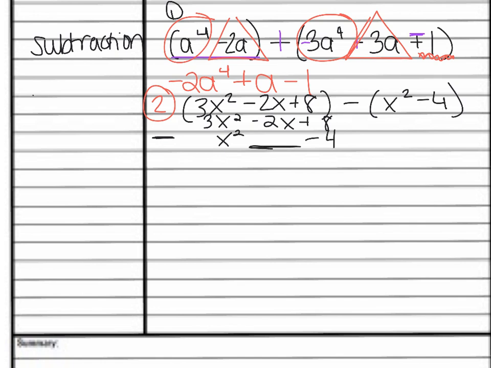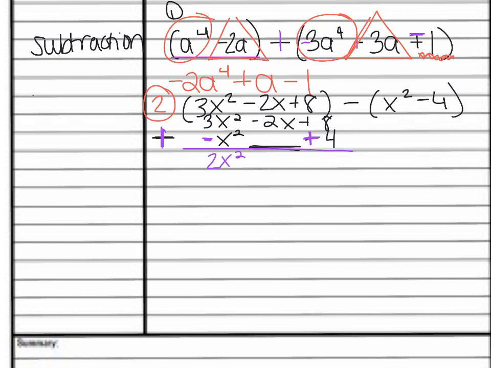Again, this middle section is blank. Now I need to keep my first term, change my subtraction to addition, and do the opposite and the opposite. So 3x squared plus negative x squared is 2x squared.